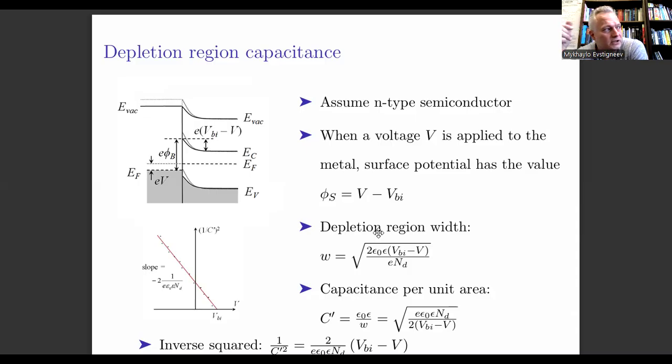In order to produce a depletion region, you want to push away the majority electrons away from the interface in the semiconductor. So if you increase the magnitude of your negative bias to the metal, you will eventually produce a depletion region. The width of that depletion region will be given by the same formula.